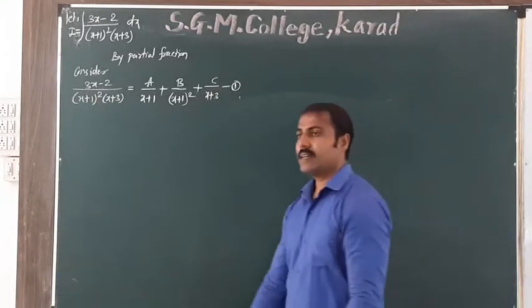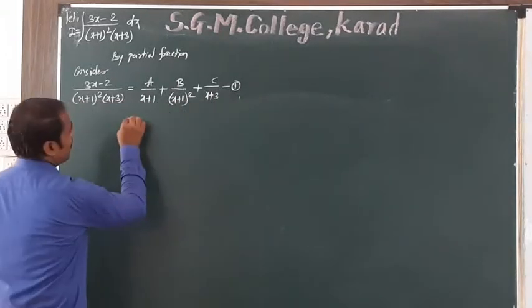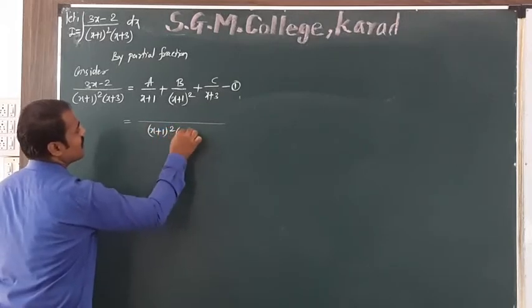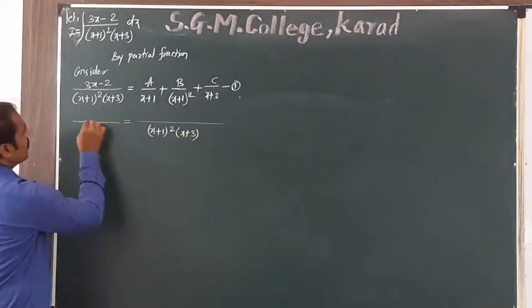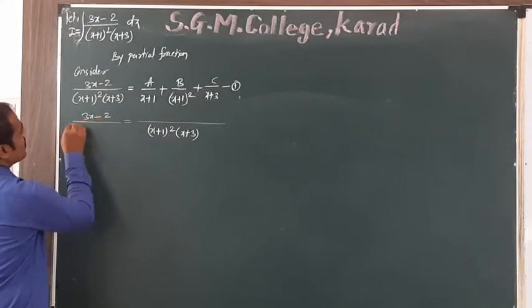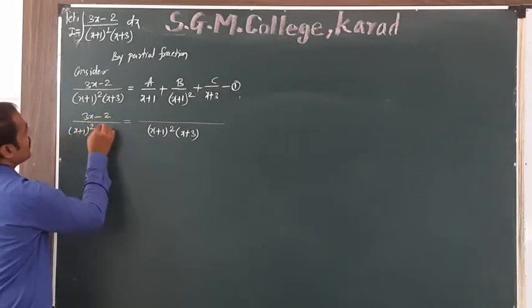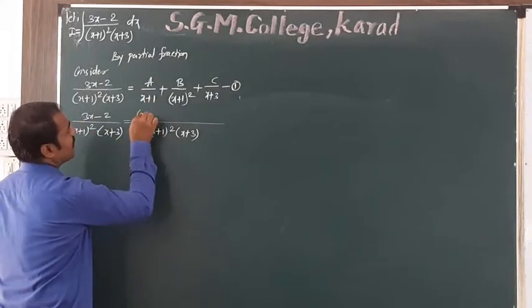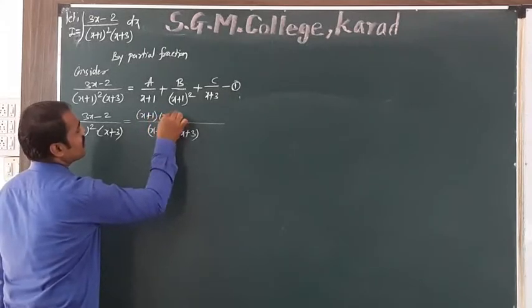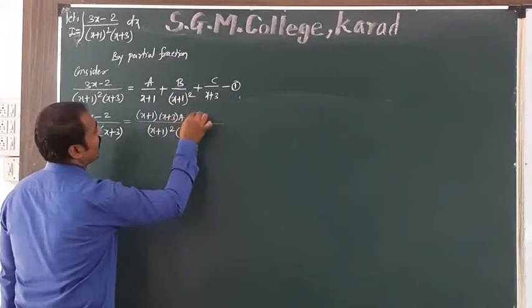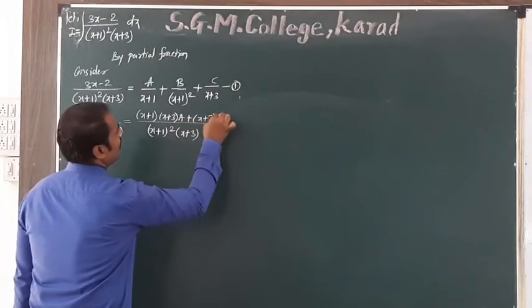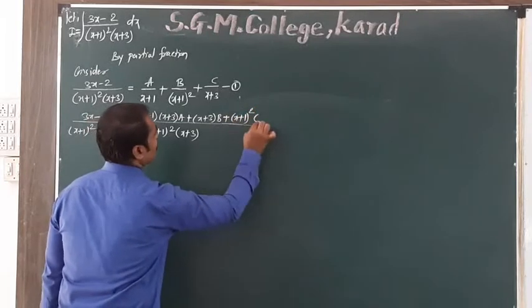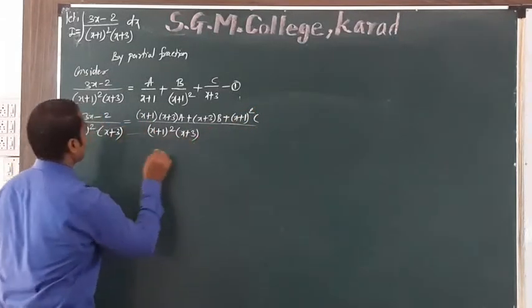Now taking the LCM of the RHS, here the LCM is (x + 1) squared into (x + 3). So (3x - 2) divided by (x + 1) squared into (x + 3) is equal to, multiply this A by (x + 1) into (x + 3), plus this B by (x + 3), and this C by (x + 1) squared, cancelling the denominators.